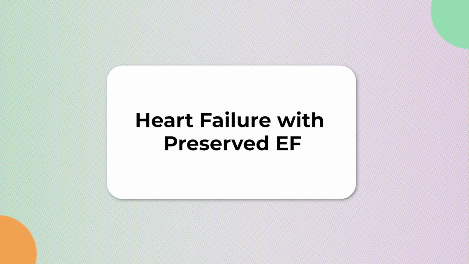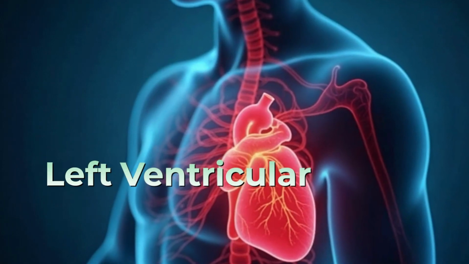Now, let's talk about heart failure with preserved EF. Patients who have heart failure with preserved EF have an ejection fraction that's normal, equal to or greater than 50%, 50 to 70%, right? What happens with these patients is that sometimes, with patients who have high blood pressure, they end up having LVH, which is left ventricular hypertrophy.